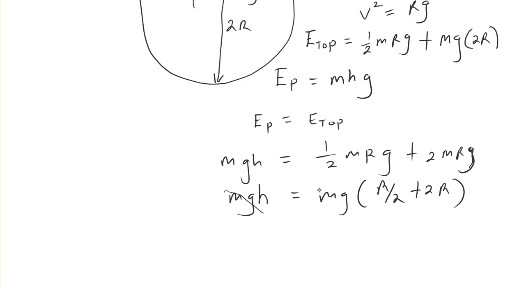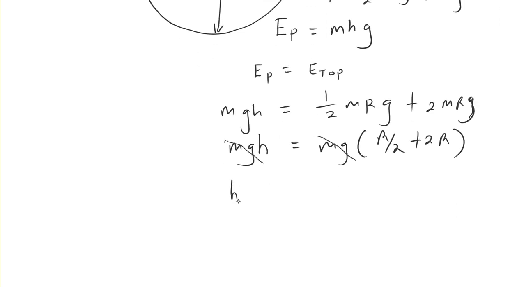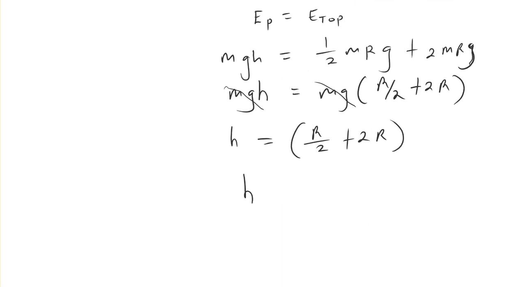So now mg cancels out, and we have the height from which it should be released must be equal to r over 2 plus 2r. And when you simplify this, this is the same thing as 4 over 2, so this will give you 5r over 2.